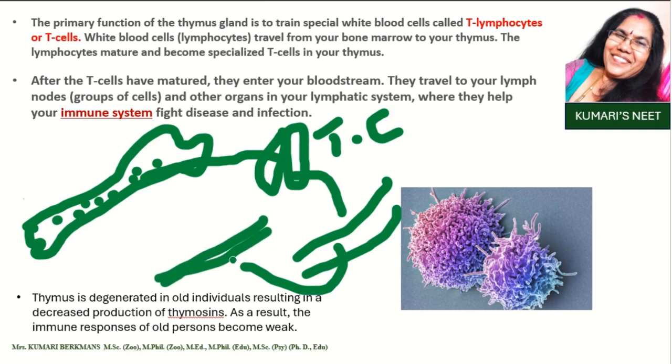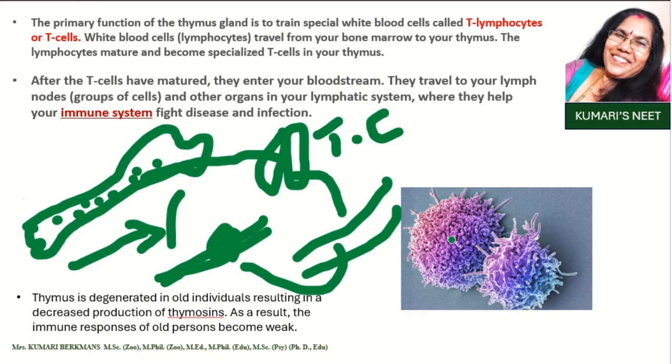Not only the lymph nodes but other organs present in the lymphatic system, they enter. Who? The T cells, or the T lymphocytes. There they help your immune system fight against disease or any pathogens or any infection which attacks your body. Clear? So thymus is degenerated.